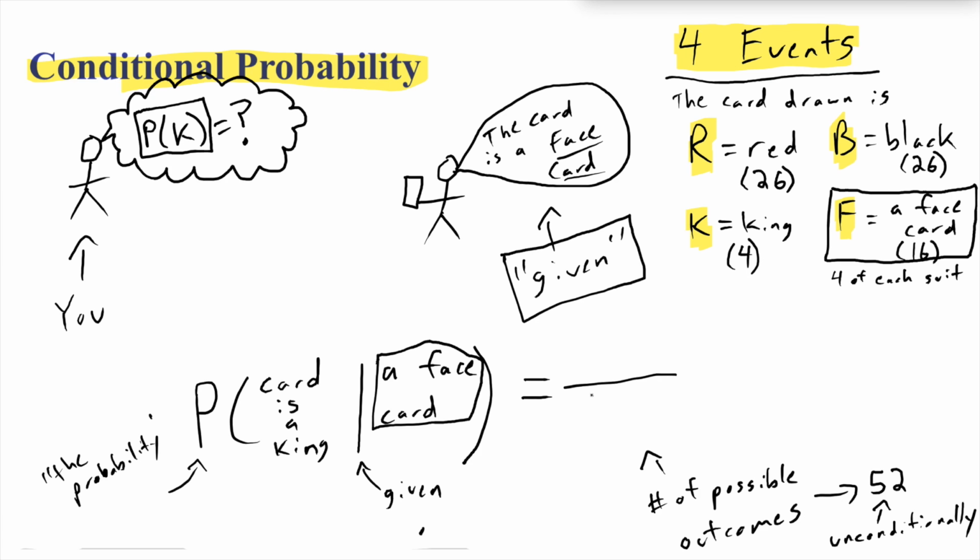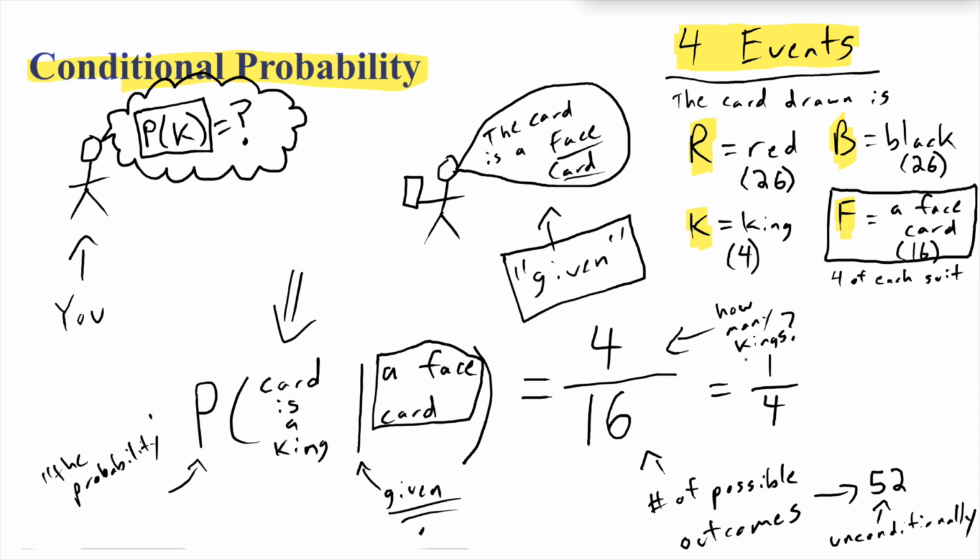Our card has to be one of these 16 face cards. Within those 16 face cards, how many are kings? Well, there's 4 of them. So the conditional probability that the card is a king, given that the card is a face card, is 4 over 16, which is 1/4.